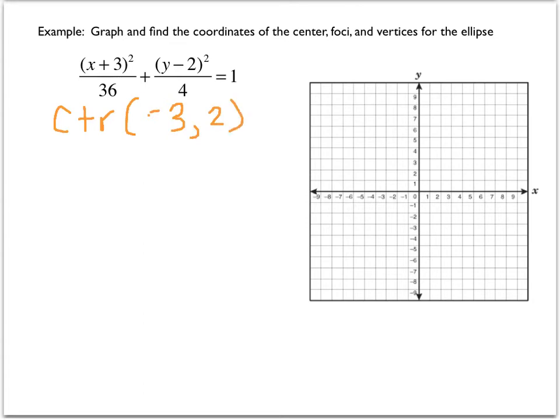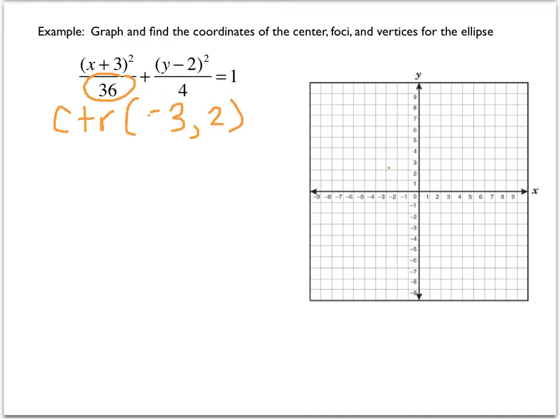And we can plot that on here. Now, how we graph this is I look at the major axis first of all. I notice that that's a 36 there. And if you remember back to the other slides, that's actually A squared.